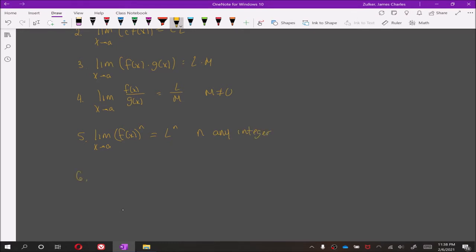And finally, number 6, the limit as x approaches a of the nth root of f of x is equal to the nth root of L, where L will have to be greater than or equal to 0 if n is even.